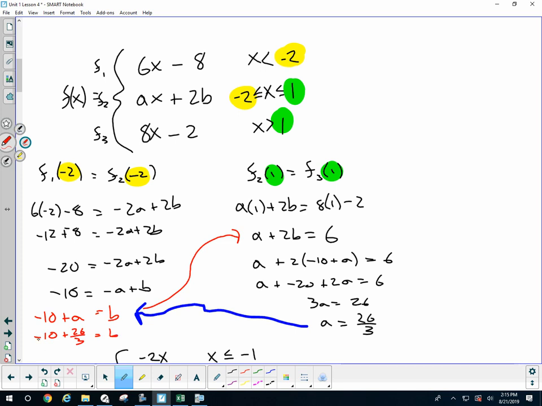You need to be able to write negative 10 using a common denominator, multiply negative 10 over 1 by 3 over 3, you get negative 30 thirds. Negative 30 thirds plus 26 thirds is negative 4 thirds. Okay?